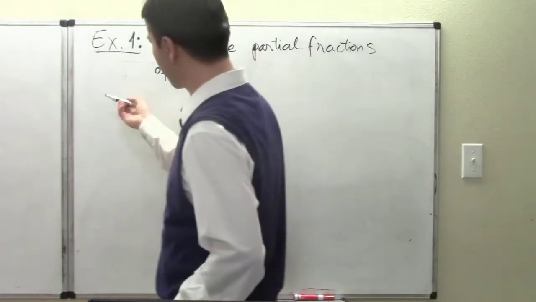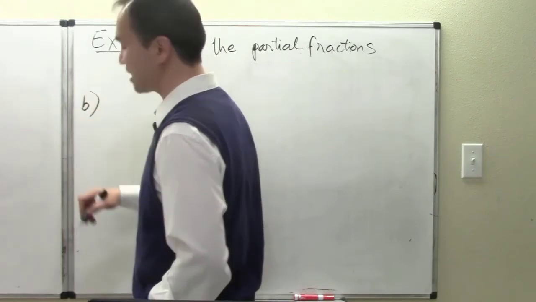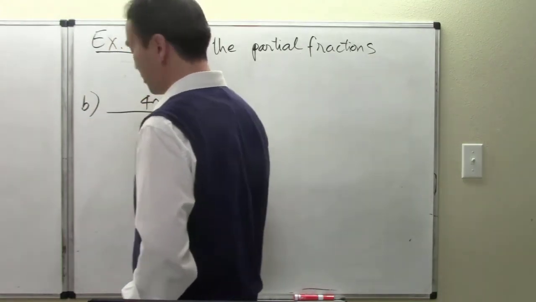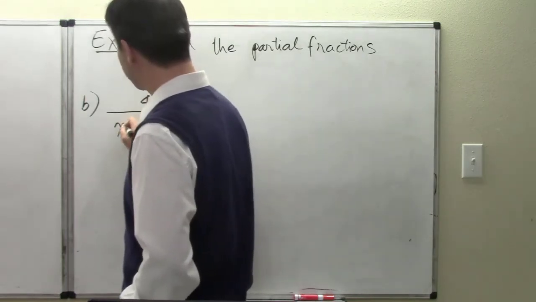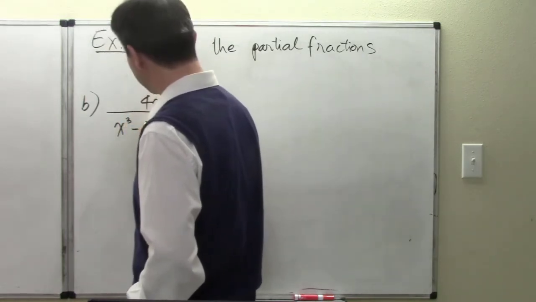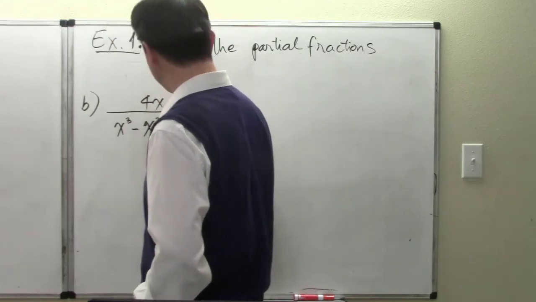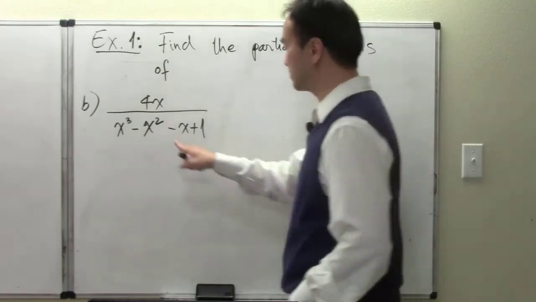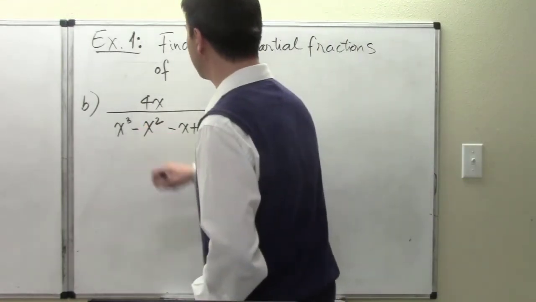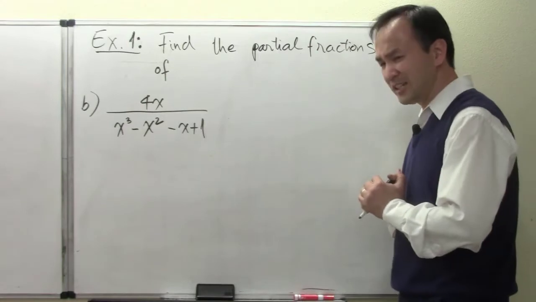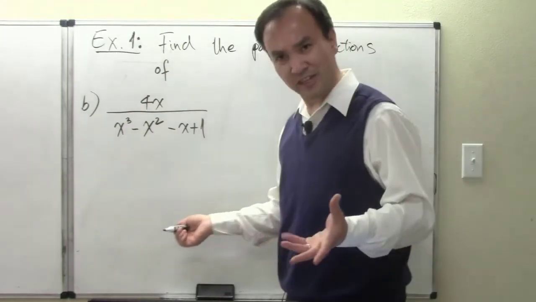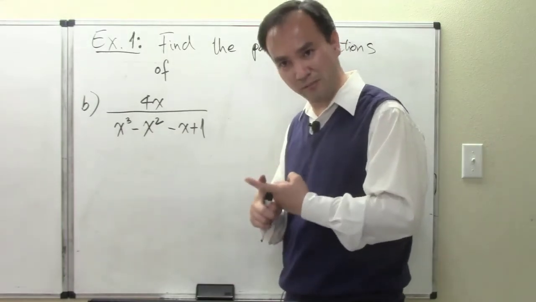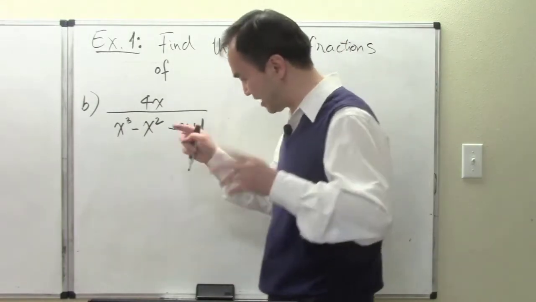The rational expression for part B is x over (x cubed minus x squared minus x plus 1). Just as you have seen in the introductory problem and part A of the example, this is what I see.